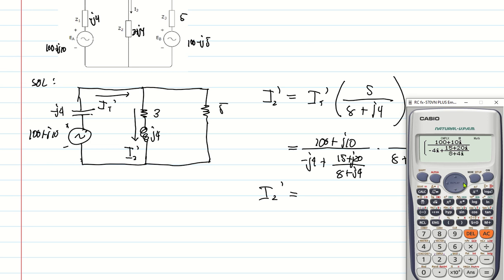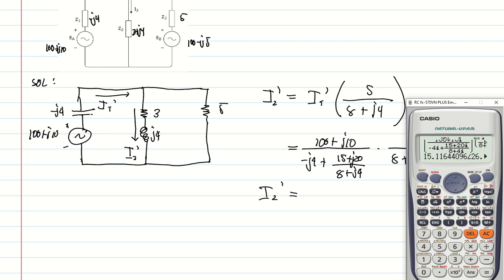And this is our I total prime. We multiply it again with the divider, which is 5 all over 8 plus j4, and press equal. Then you see our result is now in polar form, not in rectangular form, because we already changed the settings into polar form.